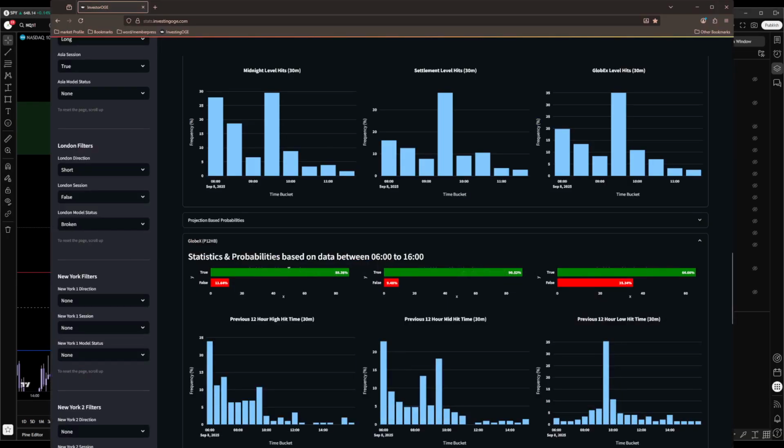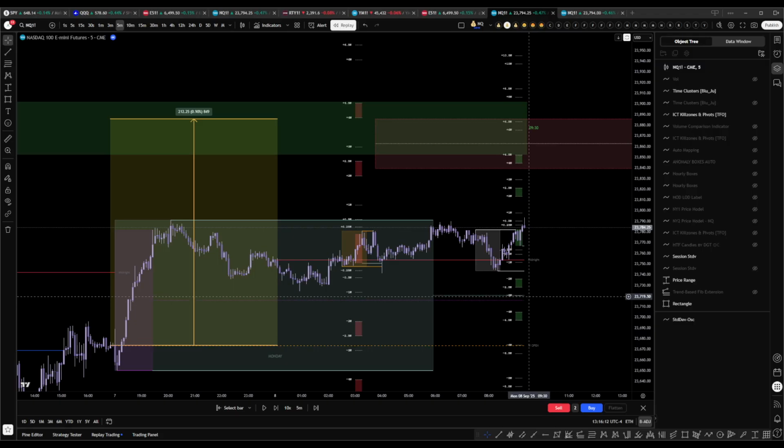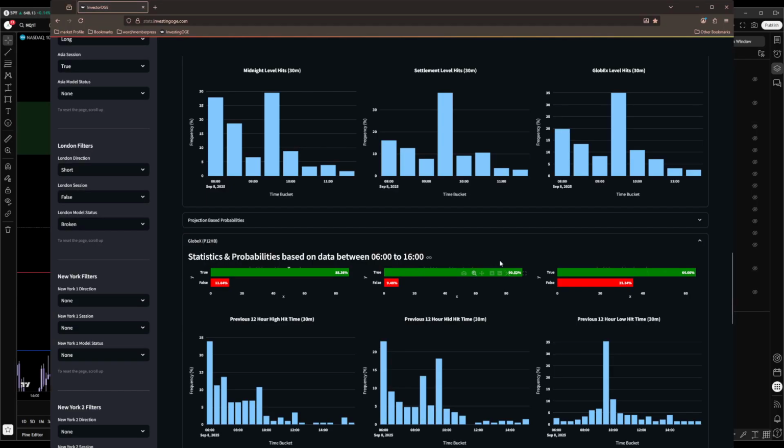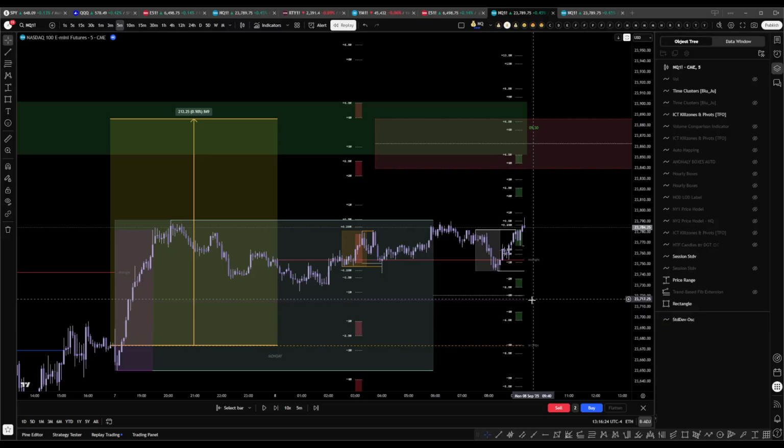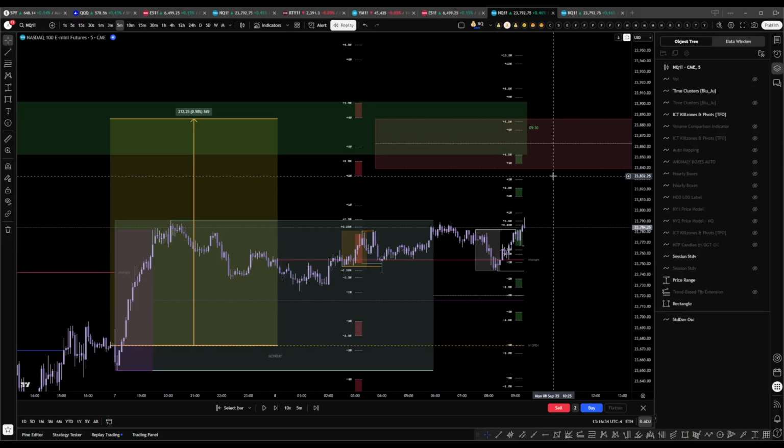Our mid, which is going to be right in here, we're looking at a 90% chance to go get that. That's wild, right? So you would think that no matter what, we're going to try to come back down and get into this range. It makes you think that if we get up there, you'd want to short it. I still wouldn't, just because historically, I see what I see, but it could possibly happen.